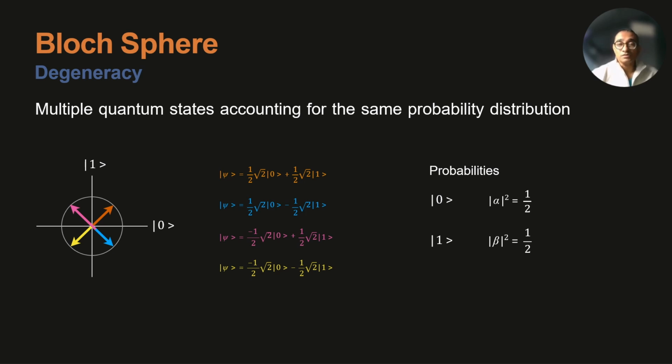However, if you now take the probabilities of finding the base states 0 and 1, square them and add them up, they all will add up to 1. So this is a unique thing in quantum where multiple states can have the same probability distribution, and they mathematically end up representing the same thing.